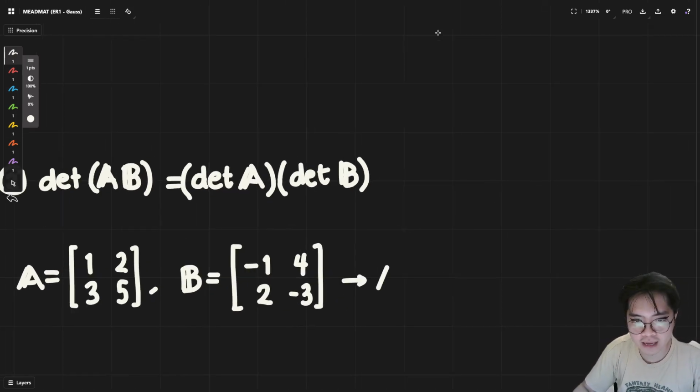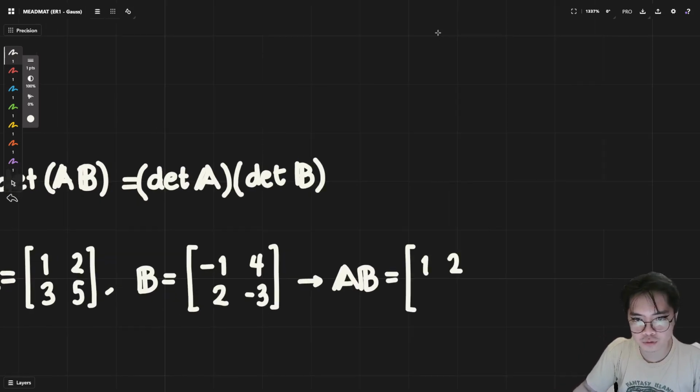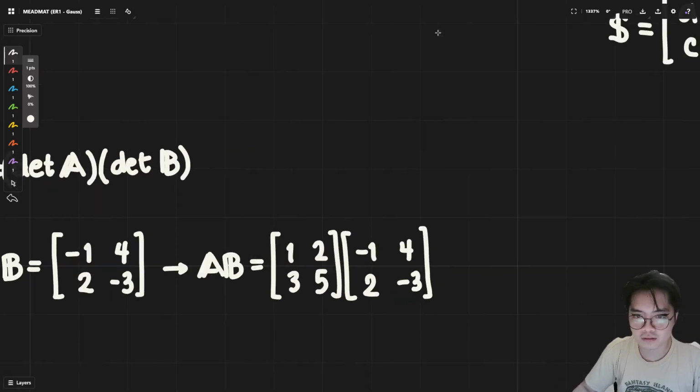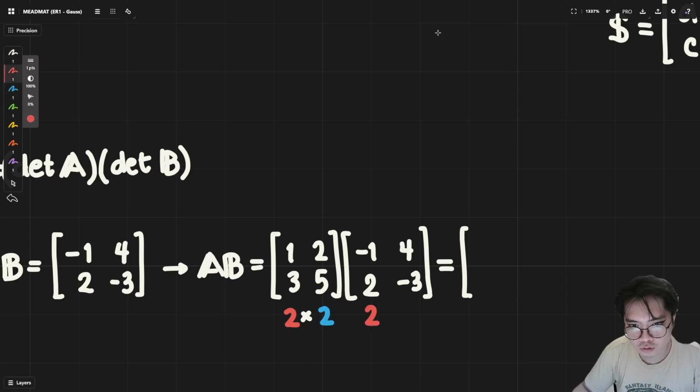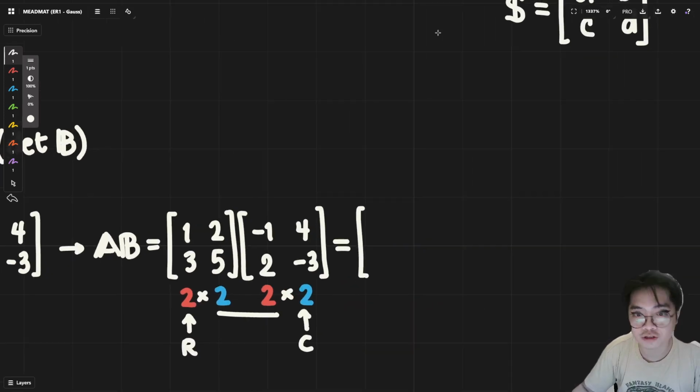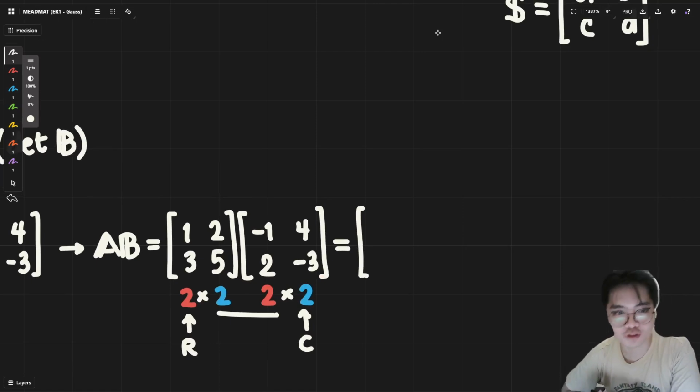That means that your AB will just be 1, 2, 3, 5 times -1, 4, 2, -3. Now, if this is a 2x2, 2 rows, 2 columns, and this is also 2 rows, 2 columns, because these two are the same, this will now be the size of our matrix, which, surprise, surprise, is still a 2x2 matrix.